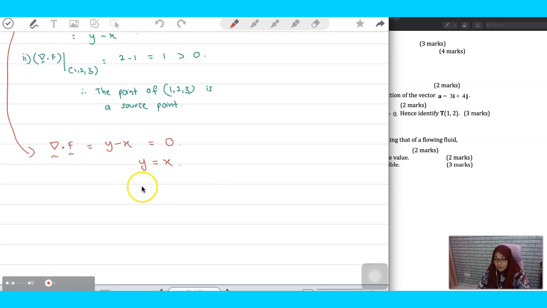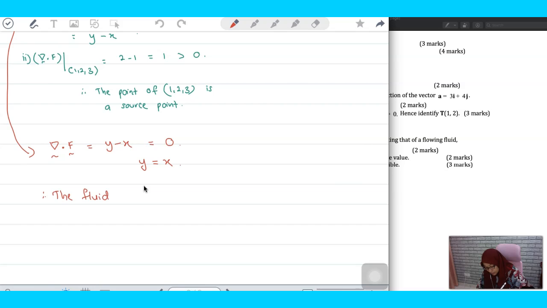So the fluid is incompressible on the y equals x plane.